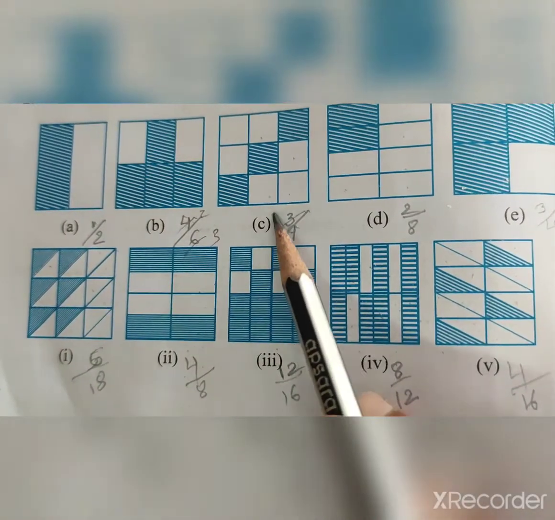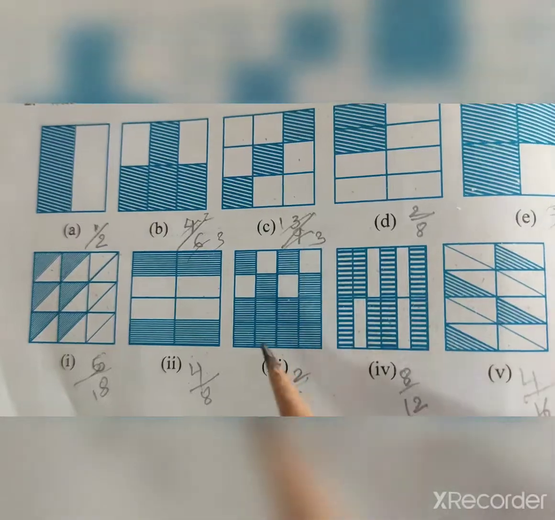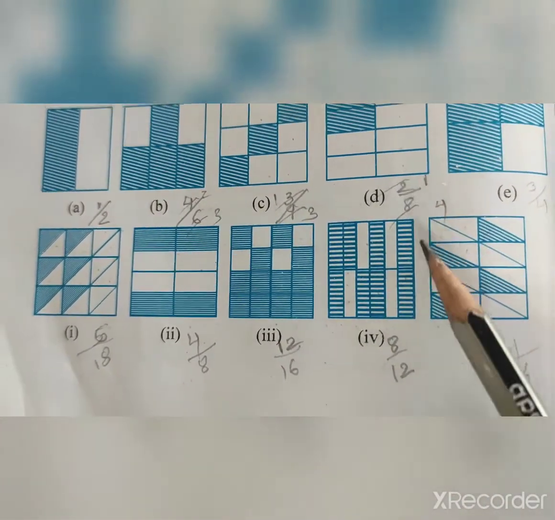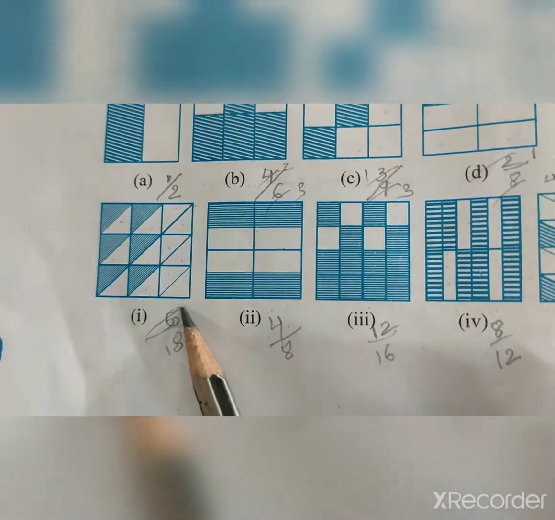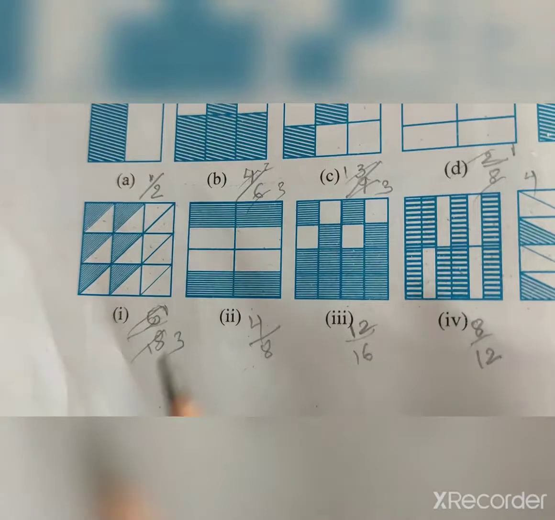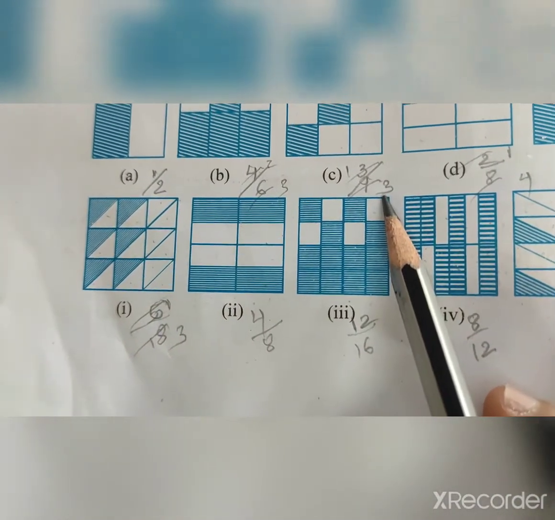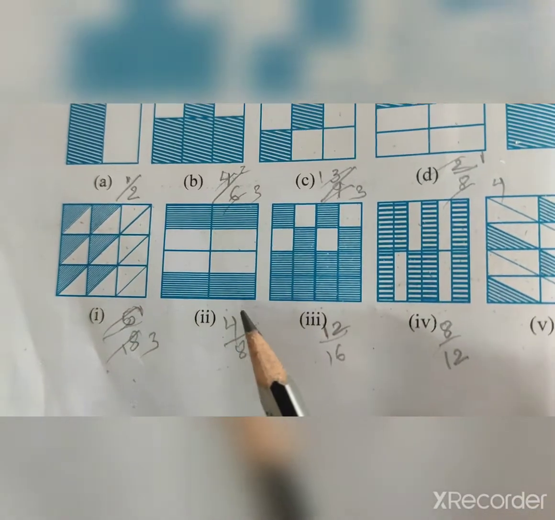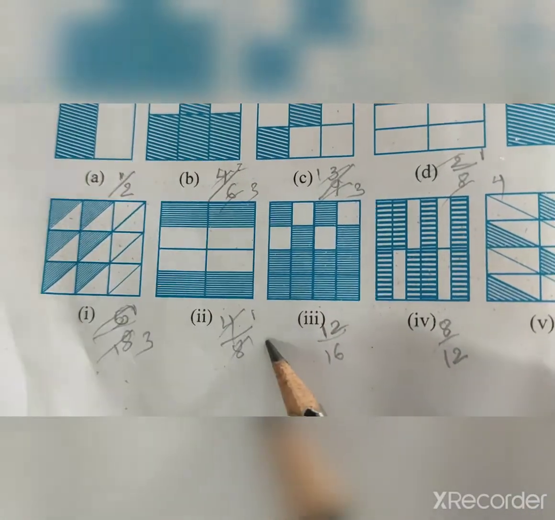Here 1 by 3. Here 1 by 4. 2 1s are 2, 2 4s are 8. Here 3 by 4. Okay. Here 6 1s are 6, 6 3s are 18. So C and 1 are a pair of equivalent fractions. Then 4 1s are 4, 4 2s are 8.